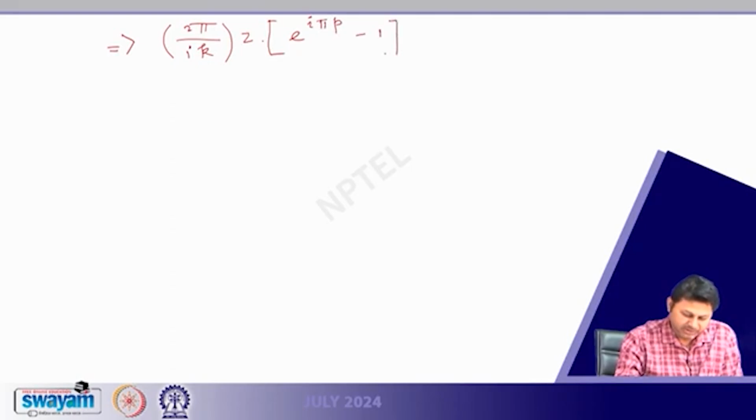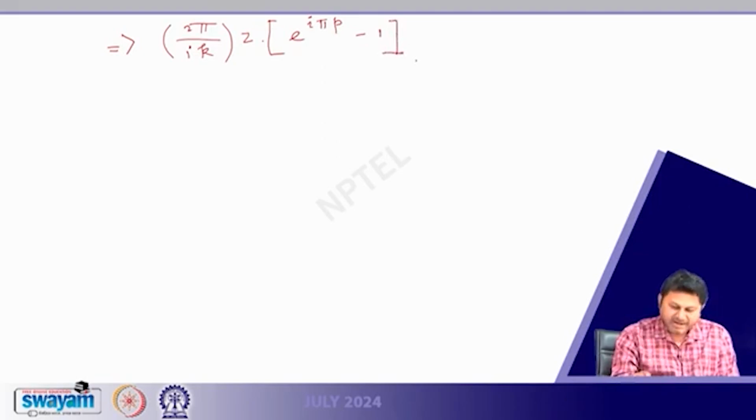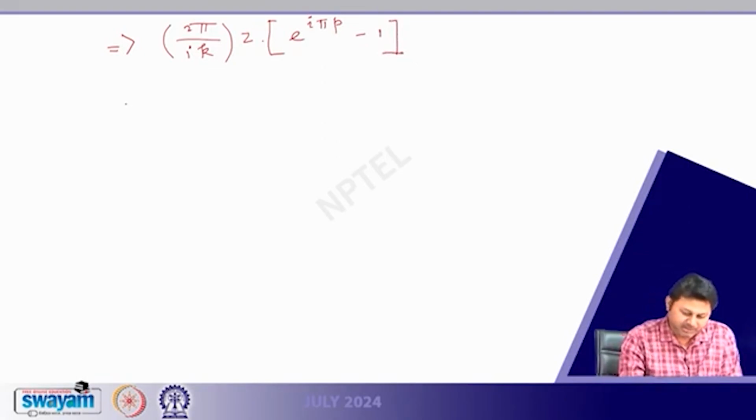With the new variable p, we can manipulate e to the power i pi p and we get something. So, let me do that.